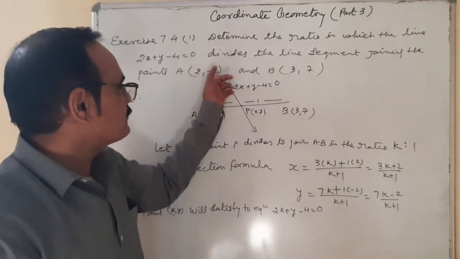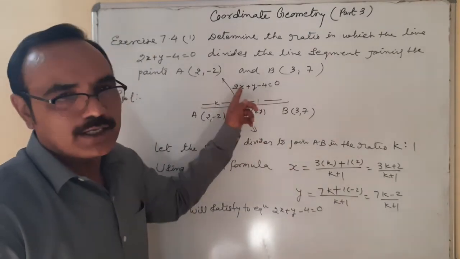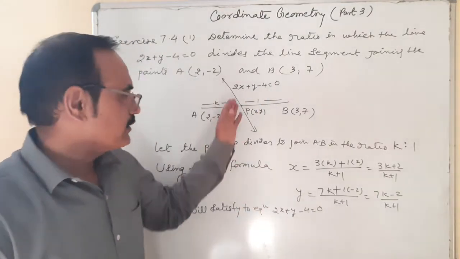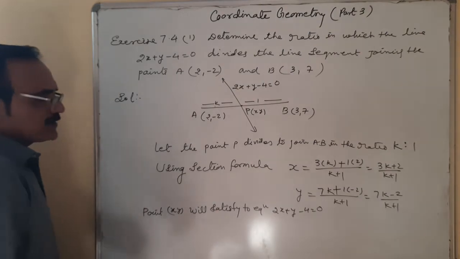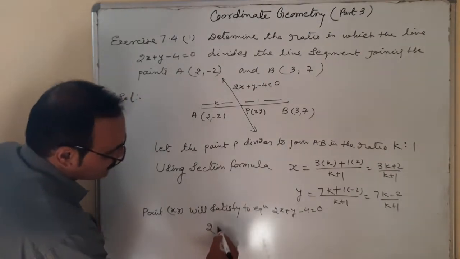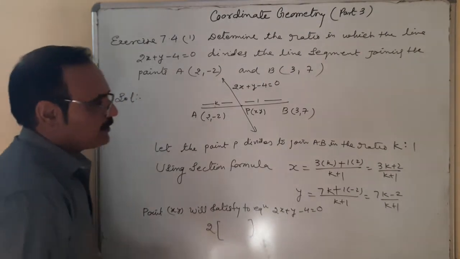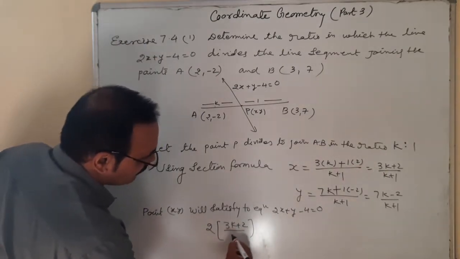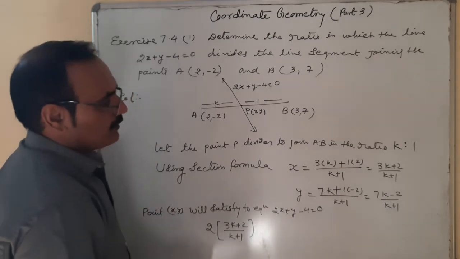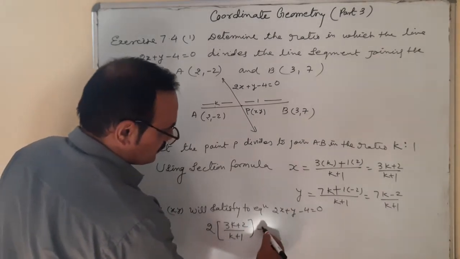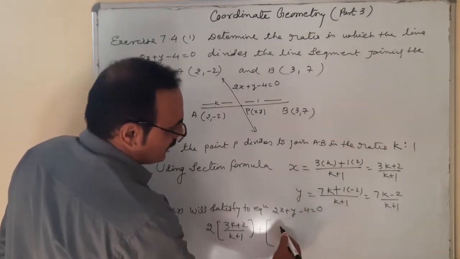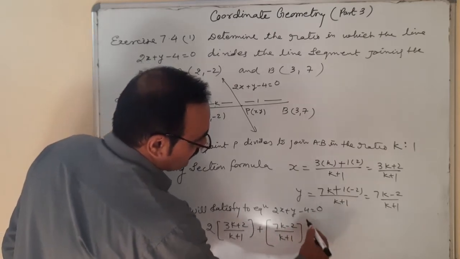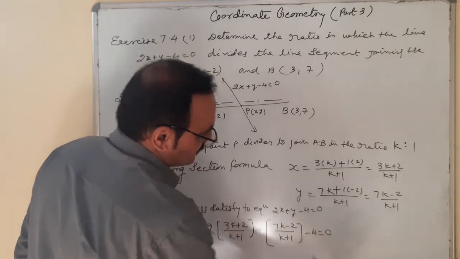Because these are points lying on this equation, they will satisfy it. So in place of x, the value of x is 3k plus 2 upon k plus 1, plus y, the value of y is 7k minus 2 upon k plus 1, minus 4 is equal to 0.